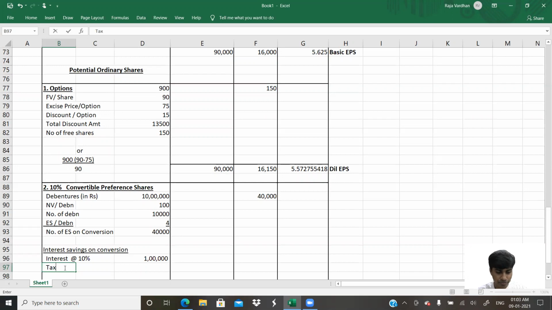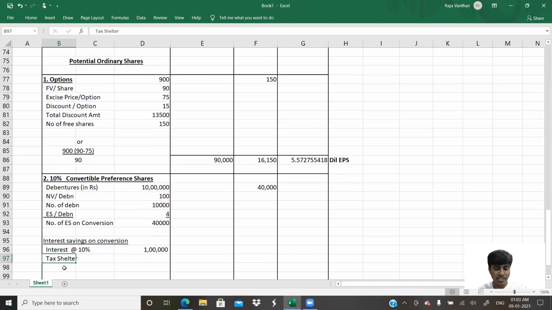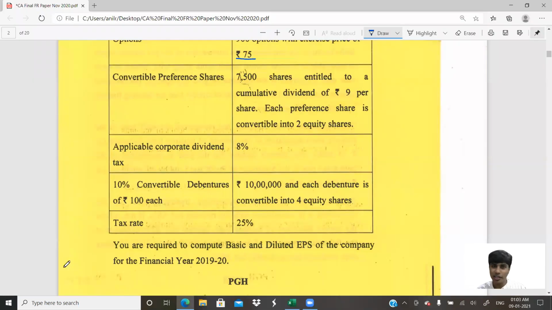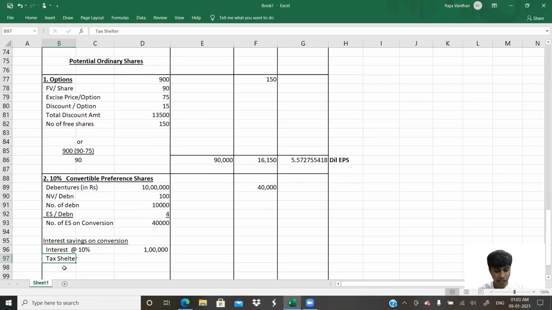Okay, tax shelter. You've been doing this in your CA Inter FM and then CA Final SFM also, but let me again tell it to you. How much is the tax shelter here? Tax shelter is 25%. Tax savings at 25% is 1 lakh multiplied by 25%. Here it is less, okay guys. You have to deduct, not add.